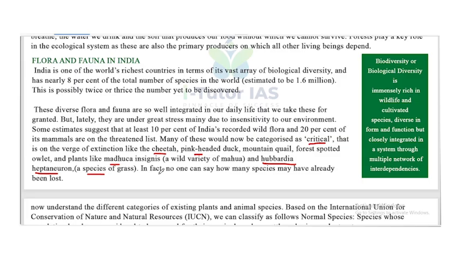That means we cannot see them now. In fact, no one can say how many species may have already been lost. So we lost many species. That means almost 10% of India's recorded wild flora and 20% of fauna are on the threatened list, many of them are categorized as critical, and many are already extinct, like the cheetah, pink-headed duck, mountain quail, etc.